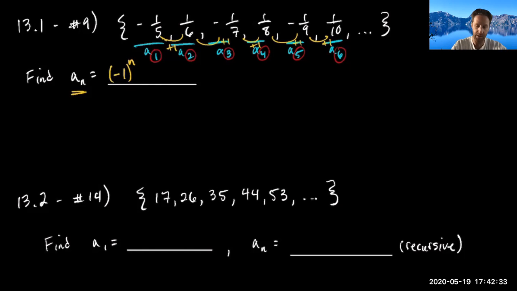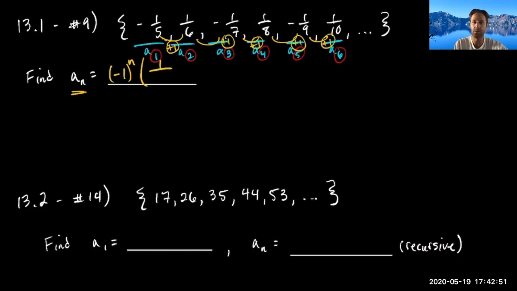Next, I want to figure out how to get the 1/5, 1/6, 1/7, and so on. In this case, we can see very easily that the numerator is not going to change, but the denominator, starting at 5, is going to increase by 1 each time.